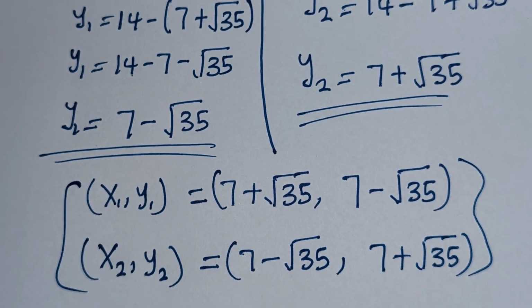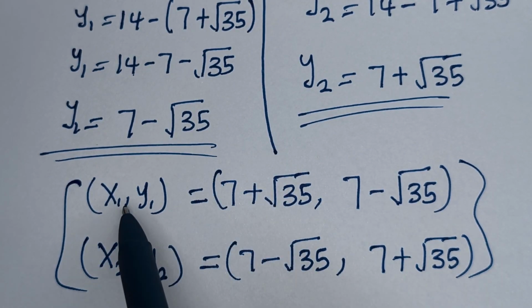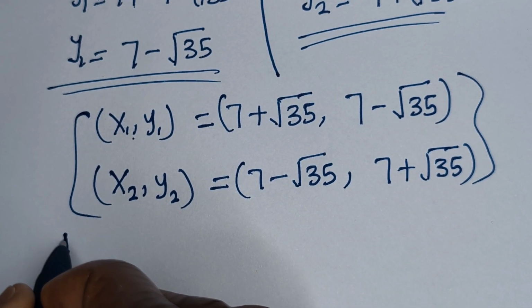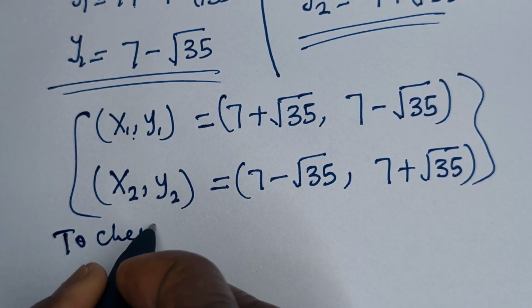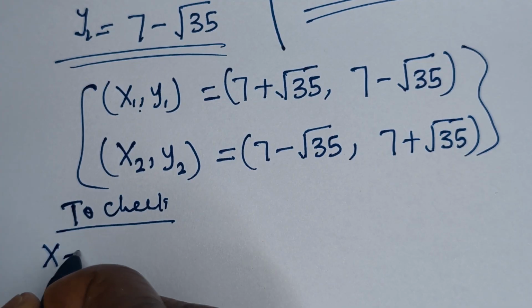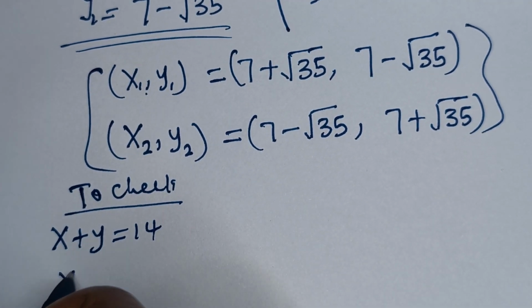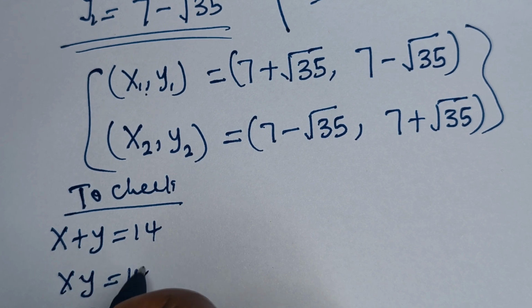These are the final answer. We may check to confirm if this answer is right or wrong using either x1, y1 or x2, y2. To check, we have the given equation. x plus y is equal to 14. xy is equal to 14.